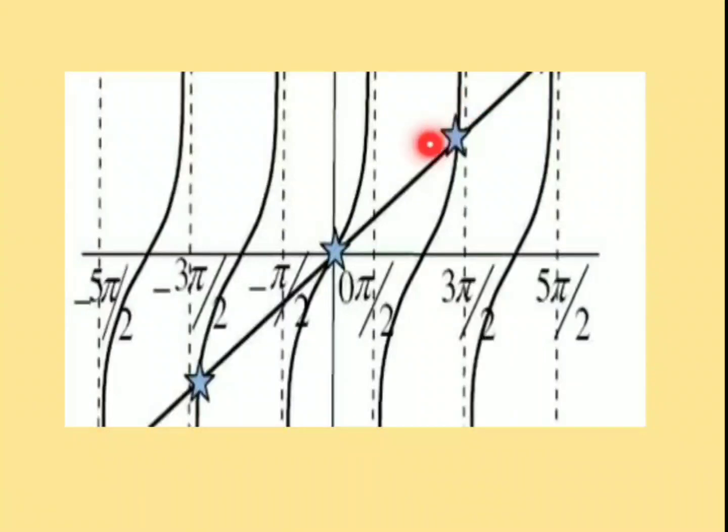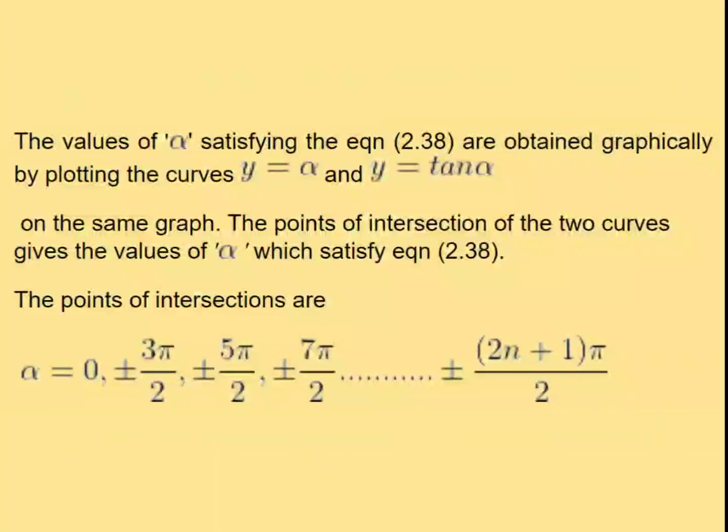Here these are the points of intersection for the y = α straight line and the y = tan α graph. These points are obtained at the values ±3π/2, ±5π/2, ±7π/2, and so on. So these are the values where the secondary maxima exist.